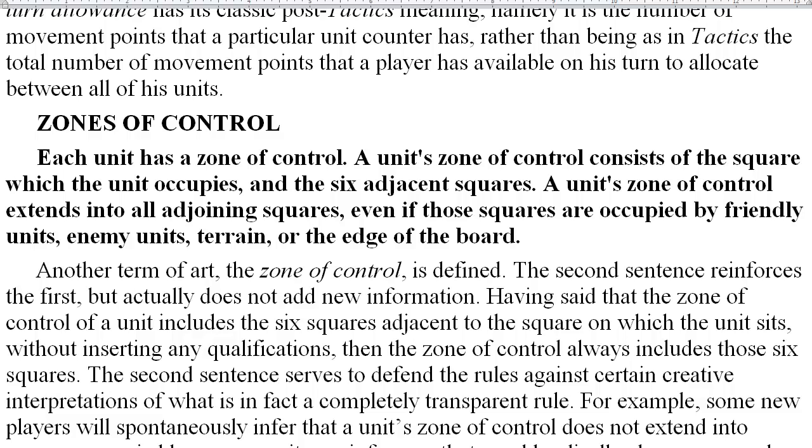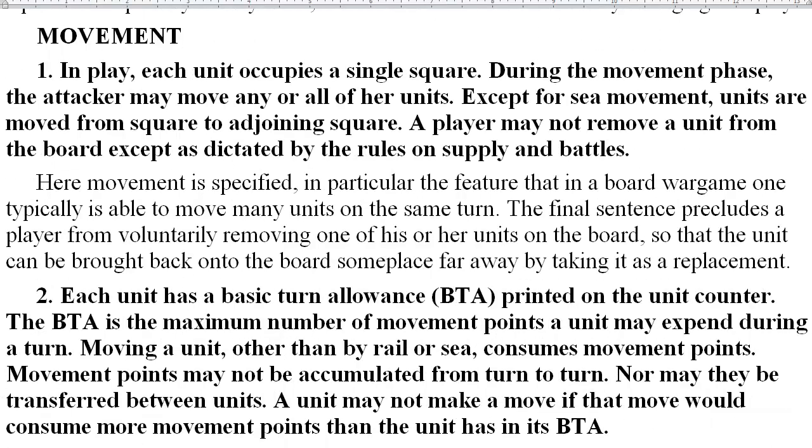Water always comes to mind, lakes or open seas, or the edge of the board. Zone of control is a fundamental term of art. The zone of control is very important to play because it affects which moves are legal and which moves are not legal.